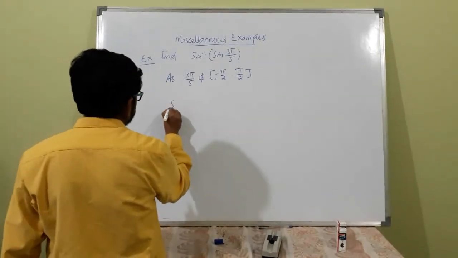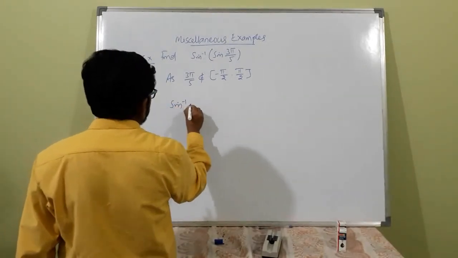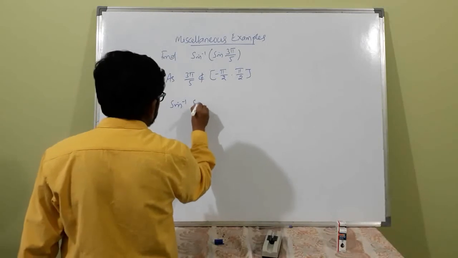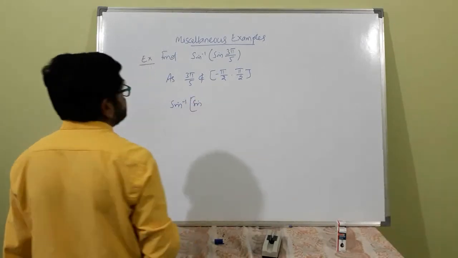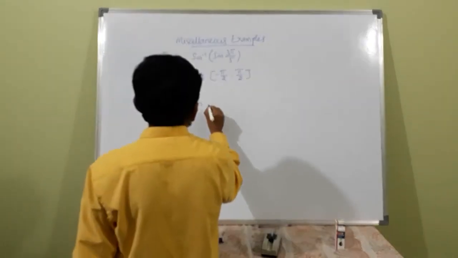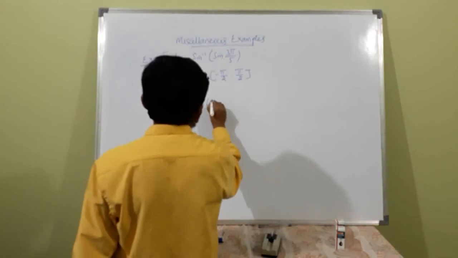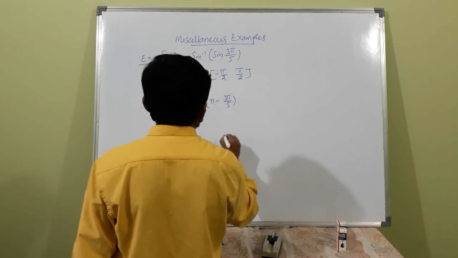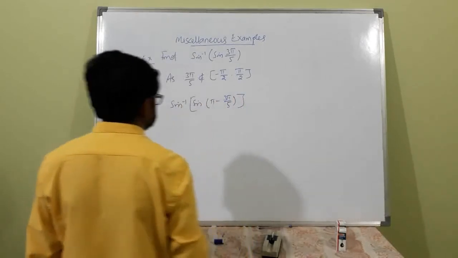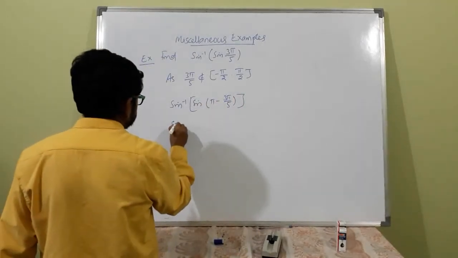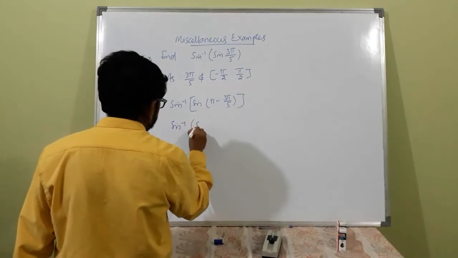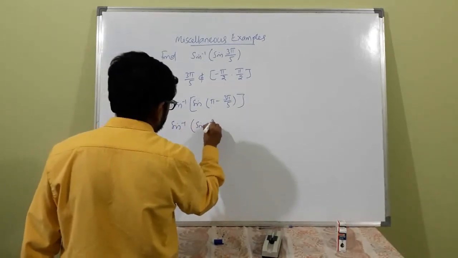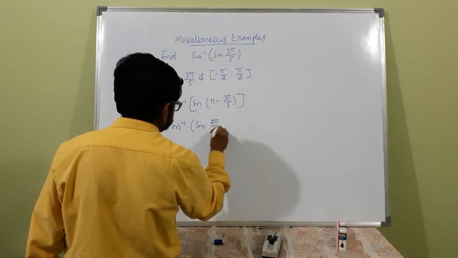Sine inverse of sine of 3π by 5 is sine inverse of sine of π minus 3π by 5, that is sine inverse of sine 2π by 5.